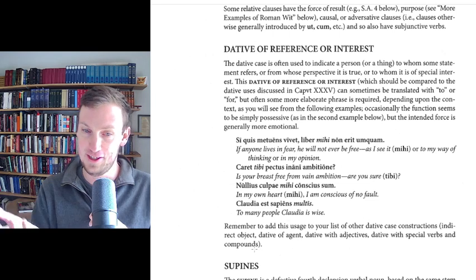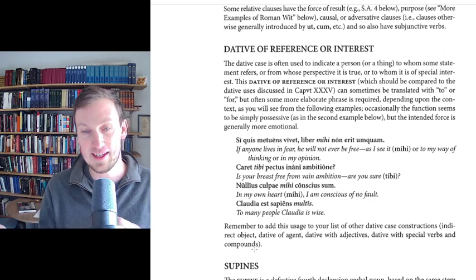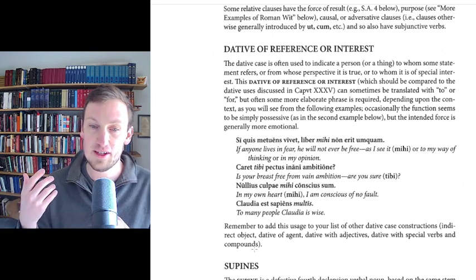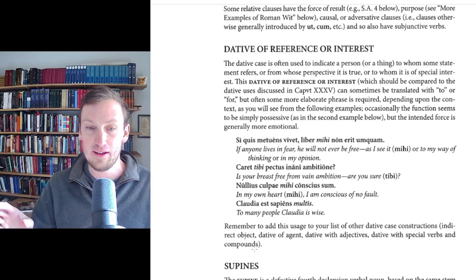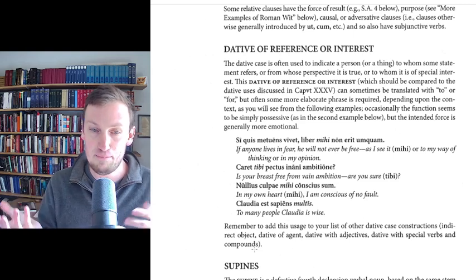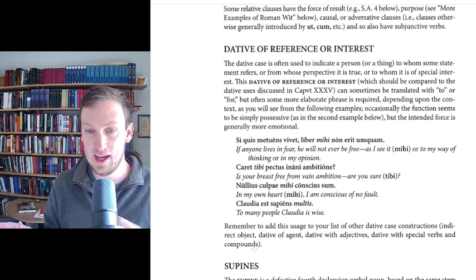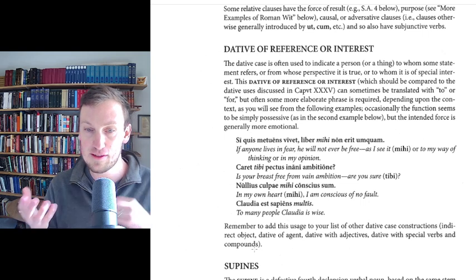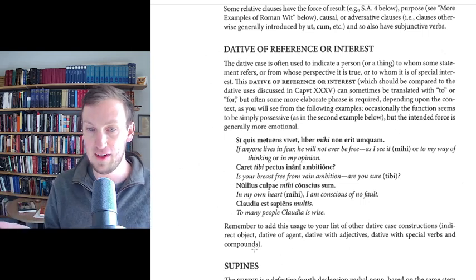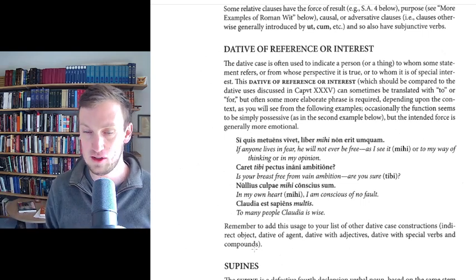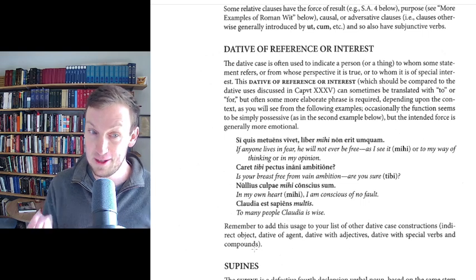In your breast is a funny way to translate tibi. Oh, well, I guess pectus. So I see. So yeah. So looking up one, pectus, caret tibi pectus inani ambitione. So is your breast free, pectus, from vain ambition, empty, inani ambitione. Tibi.